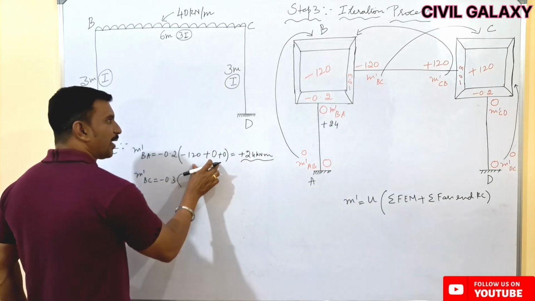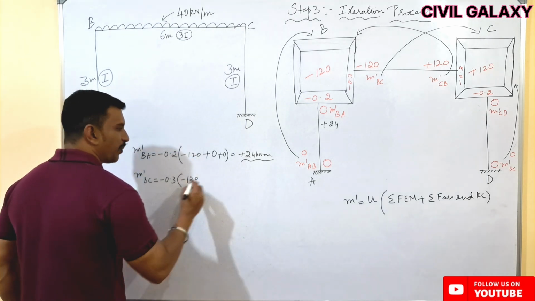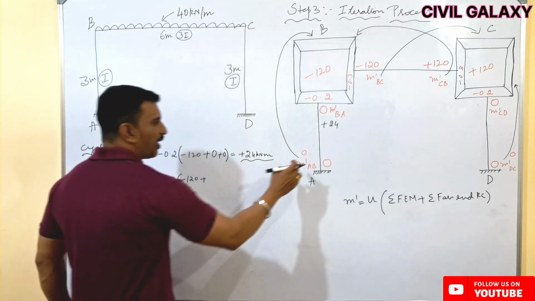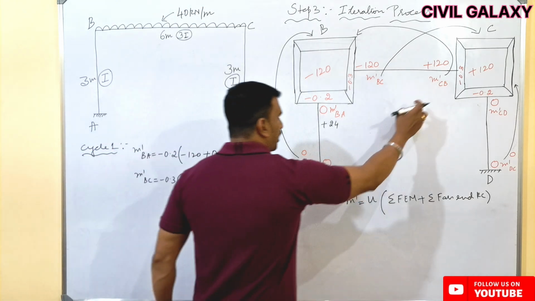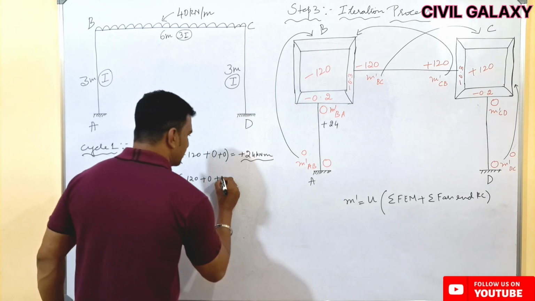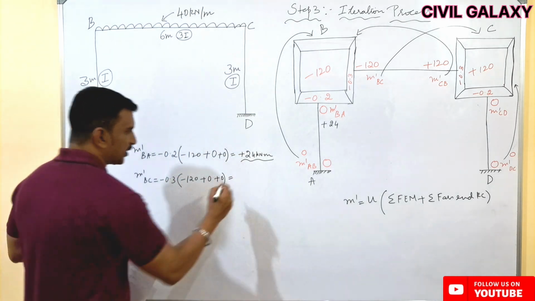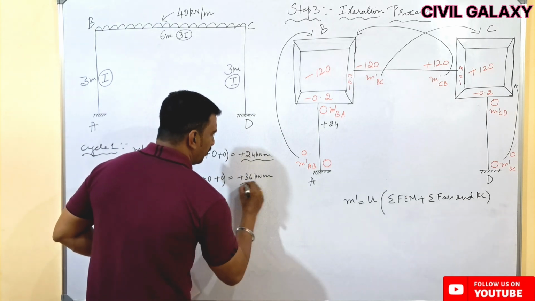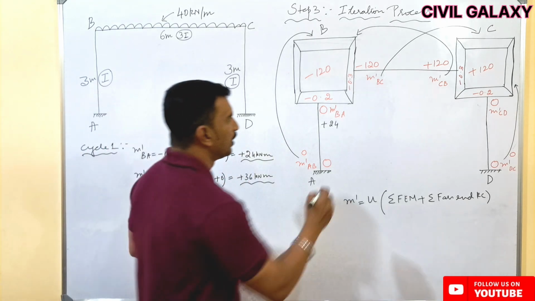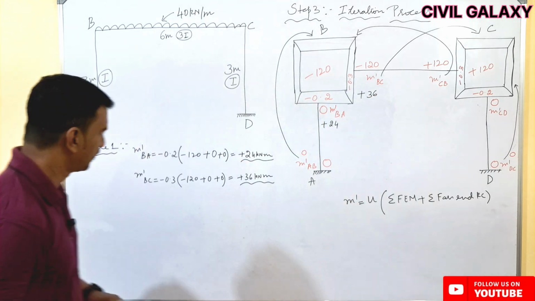Everything else remains the same: the summation of fixed end moment is minus 120, plus the far end rotation contribution here is 0, and the far end rotation contribution m dash CB we don't know for the first cycle, so we consider it as 0. So the value is plus 36 kilonewton meter. This value we write over here, that is plus 36.